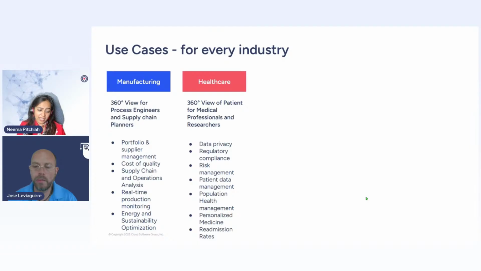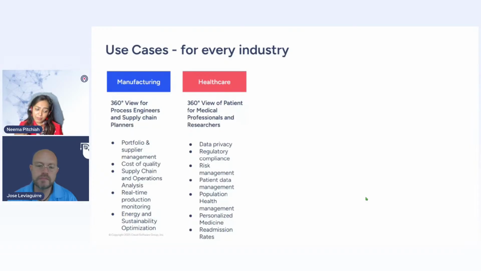Healthcare, again, is one of those industries where compliance and governance is very important. Especially if you're dealing with patient data, you can make sure you're GDPR and CCPA compliant. You can also combine multiple lab data and patient data.